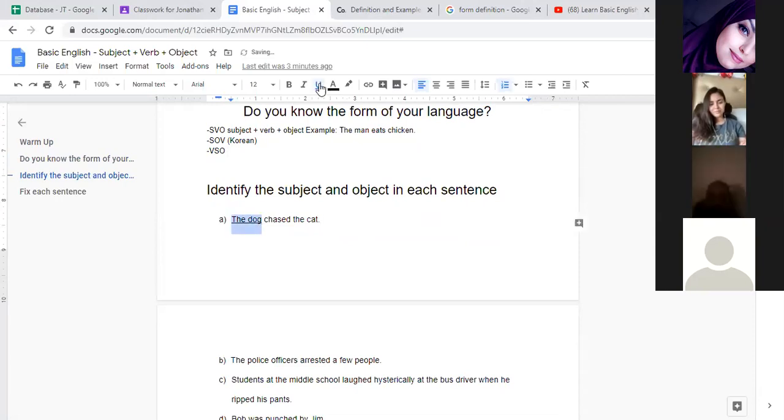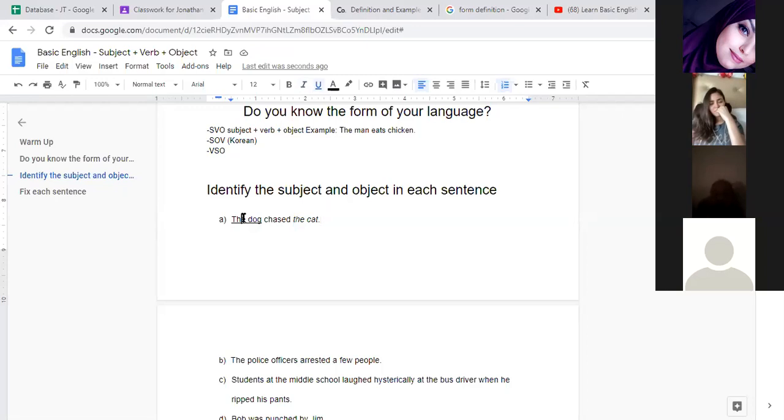So we're going to underline that, and I'll italicize. What is the object here? The cat. The cat, right? The cat is the object. It's important that you understand the cat because these words go together to make the object, right? A cat, the cat is different. I don't want to talk about that.